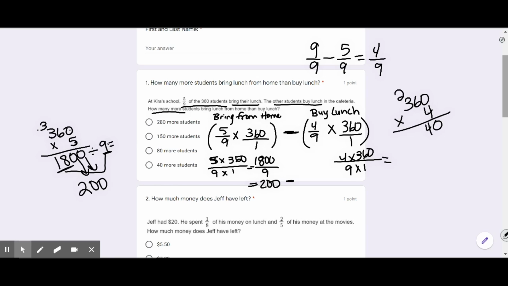Put the 4 down, regroup the 2. 4 times 3 is 12 plus the 2 that I regrouped, that's 14. So now I have 1440 on top, and 1 times 9 is 9 on the bottom. Now I have to divide. I don't easily know what 144 divided by 9 is, so this time I'm going to make my house.